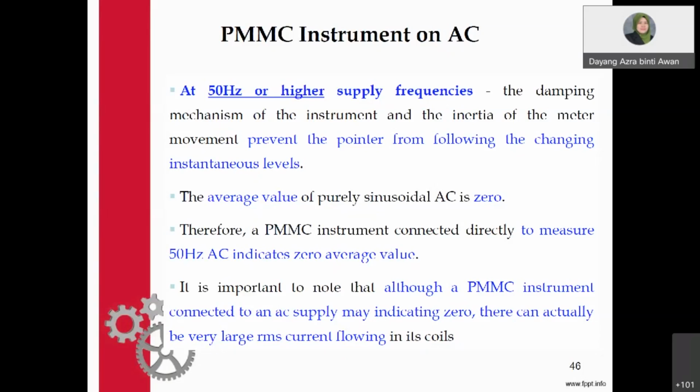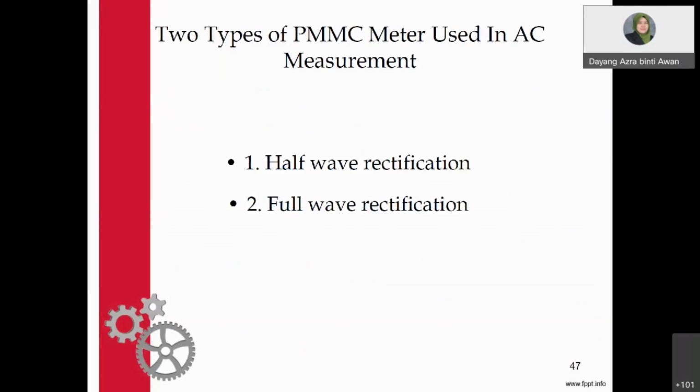Your instrument also affects the calculations of the results and everything. It is important to note that although a PMMC instrument connected to an AC supply may indicate zero, there can actually be a very large RMS current flowing in its coil. So there are two types of PMMC that are used in AC measurement. We have half wave and also full wave rectification.